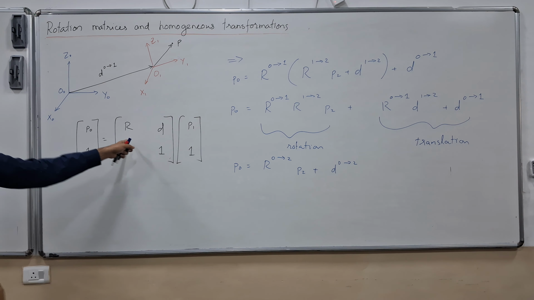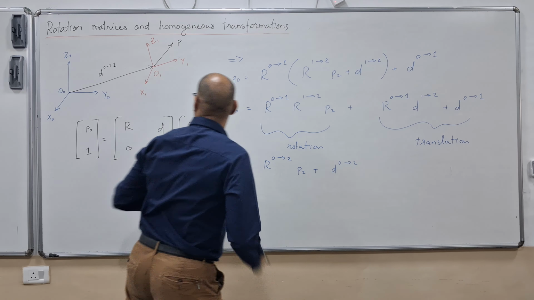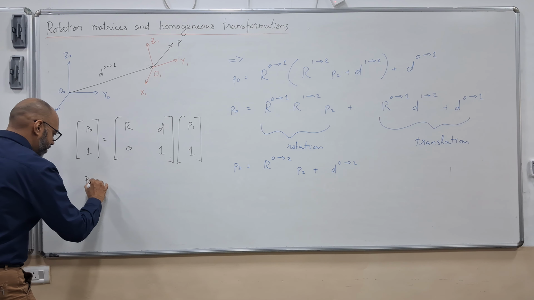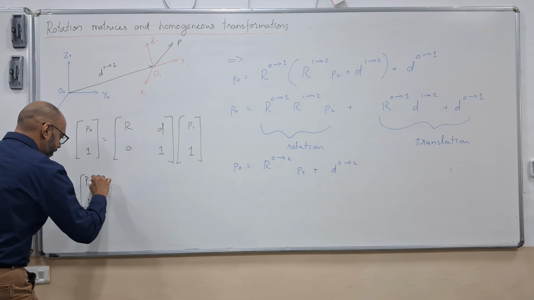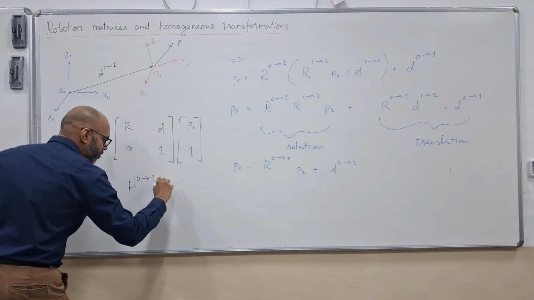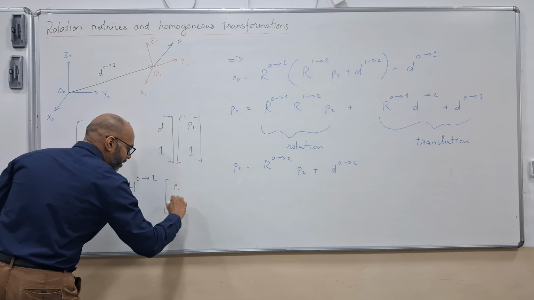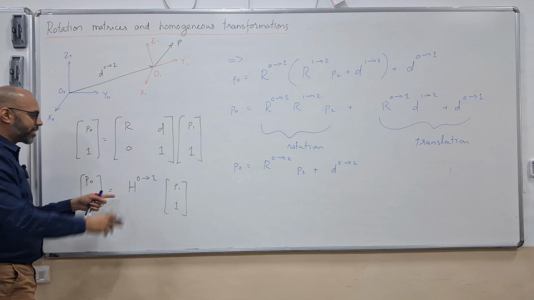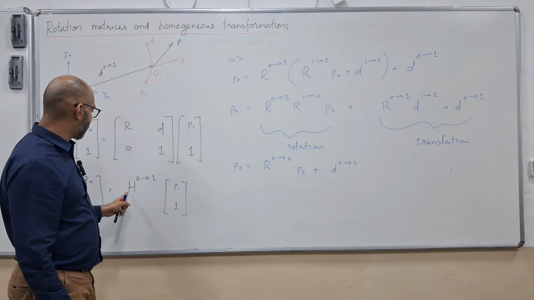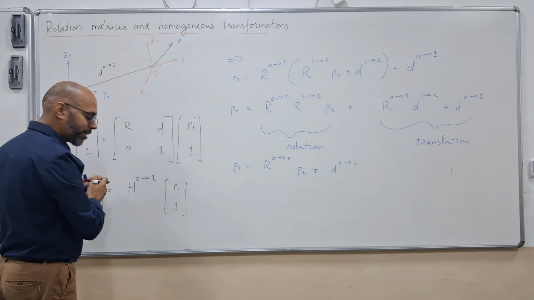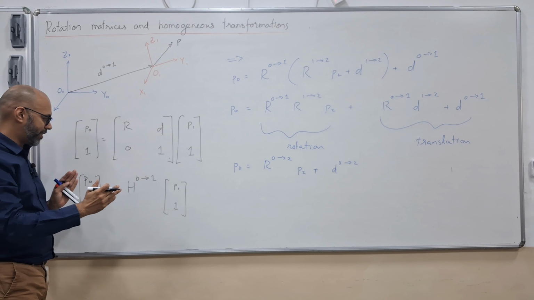So if you multiply this out, you can see that you will get this pattern, and if I keep doing this over and over again, so this is P01, and this matrix is my homogeneous transformation matrix multiplied by P1, 1. And I can now string together a sequence of homogeneous transformations and simply construct this matrix for each of those transformations and multiply them together in the right sequence.